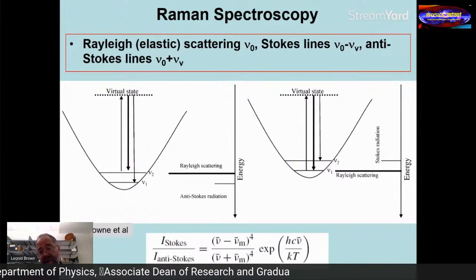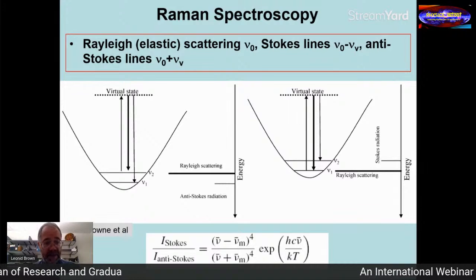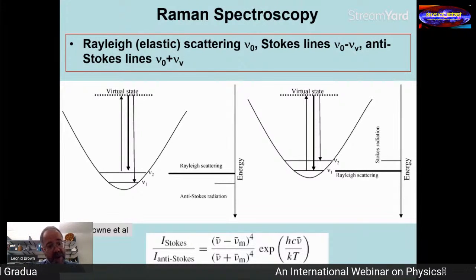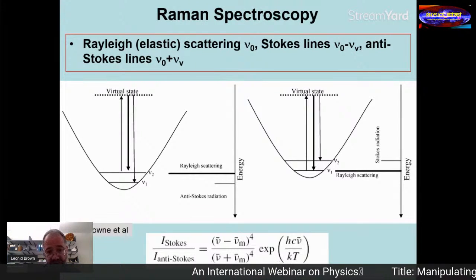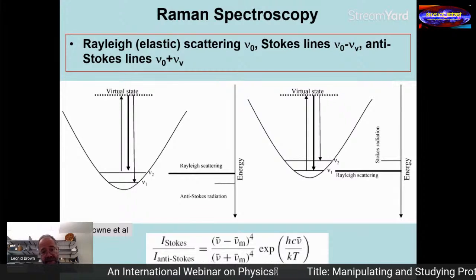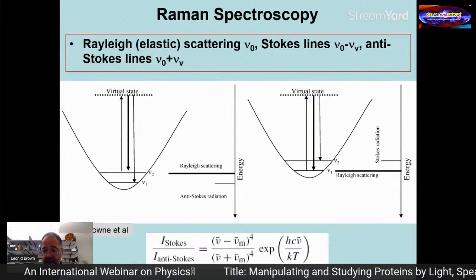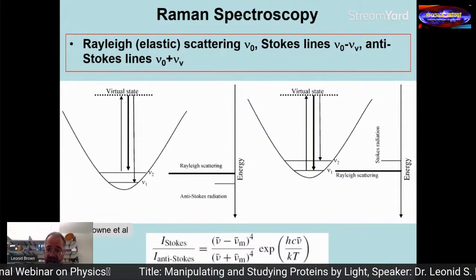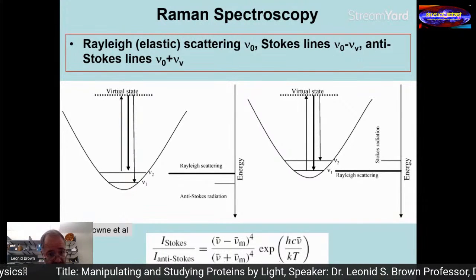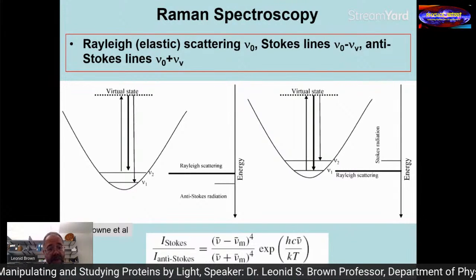And this will give you the vibrational spectrum, very similar to the classical infrared absorption spectroscopy. But the selection rules are different. So you may see different shapes, and you may detect different groups when you compare Raman and infrared, even though they are both vibrational spectroscopies.